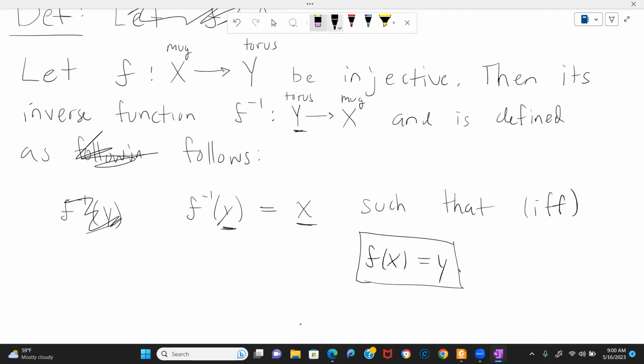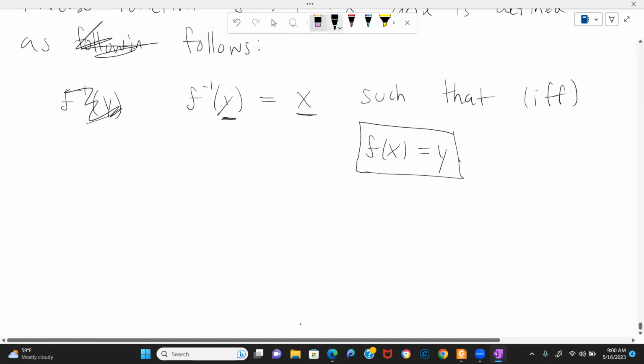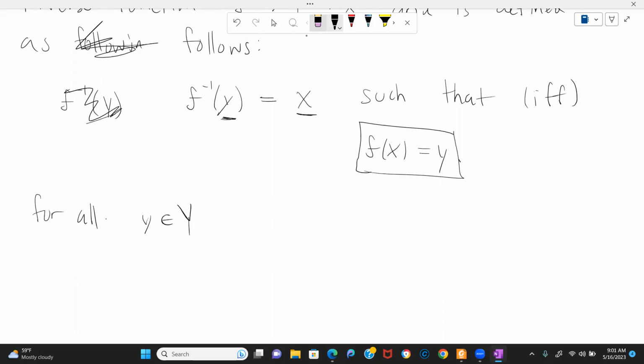So it's like you're reversing everything. And that's exactly what you want the function to do. You want it to undo the other function. And this is for all y in capital Y. So this rule immediately allows you to say that f inverse undoes whatever f does.